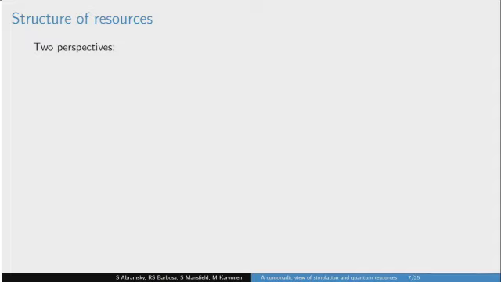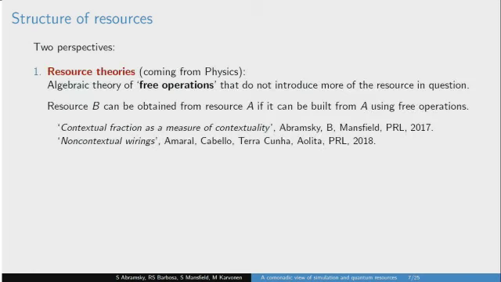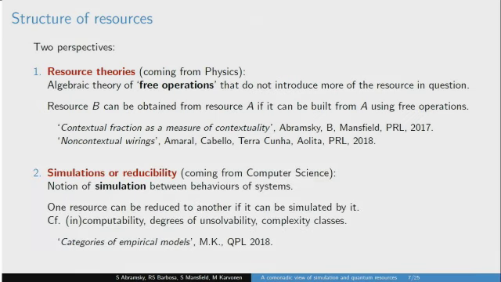Now there are two flavors or approaches to resource theories. One would be to say we have an algebraic set of free operations, and then you ask whether you can start from some resource and apply these free operations to it to get another one. Alternatively, from more of a CS point of view, you'd ask whether you can reduce the behavior of one system to another in terms of some kind of simulation.